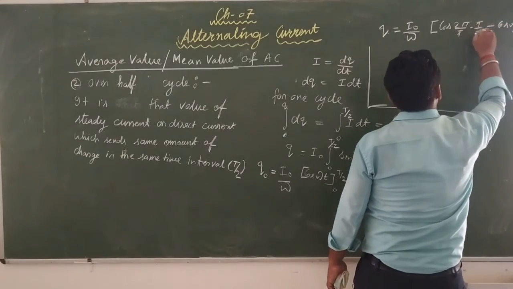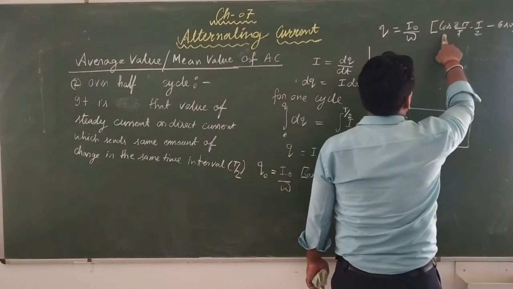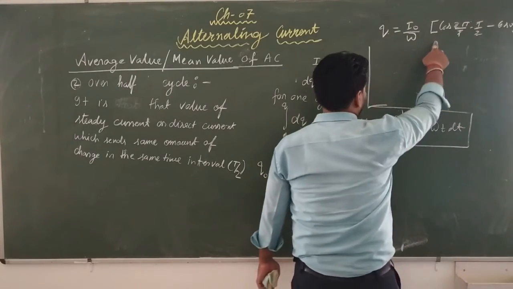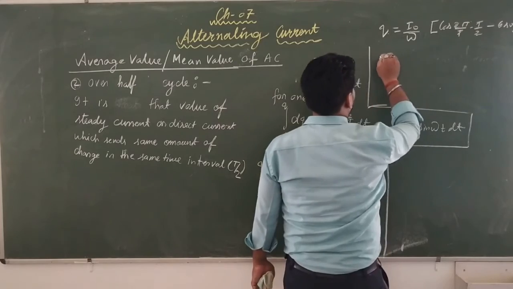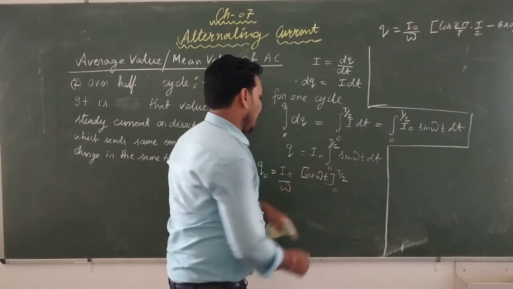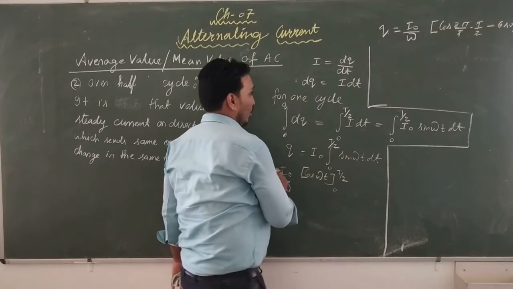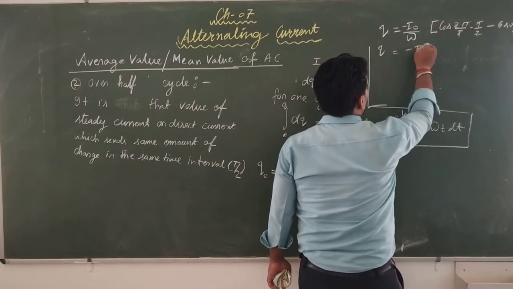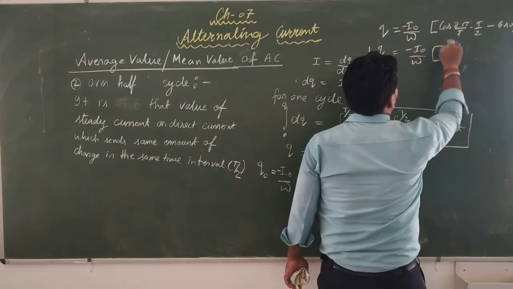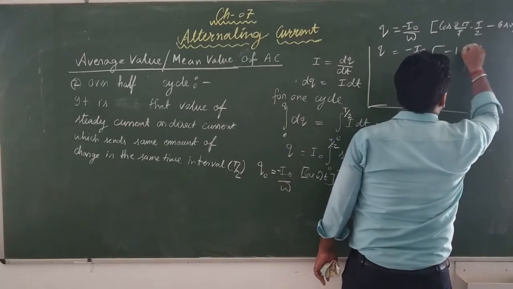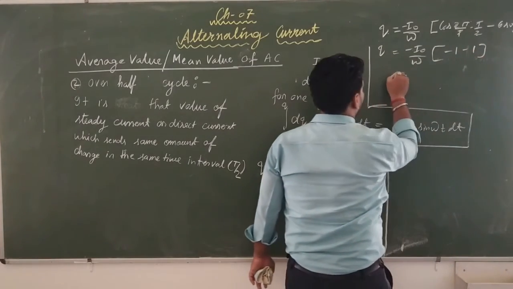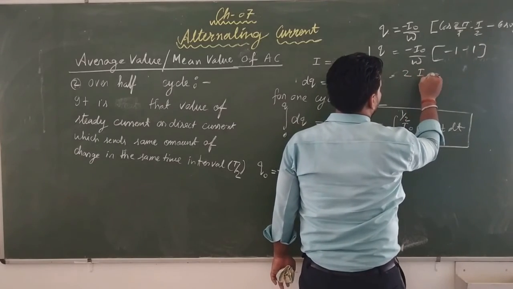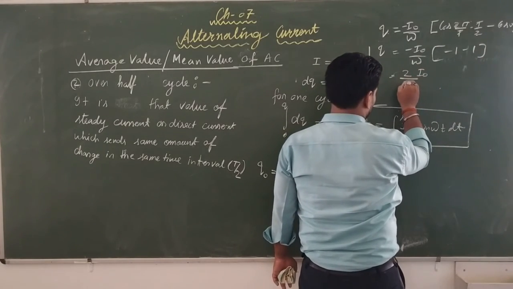Here the T and T cancel, 2 and 2 cancel, and it will become cos pi, which is 180 degrees, and cos 180 degrees is minus 1. One more thing: the integration of sin omega t is minus cos omega t, so here I am putting a minus sign. So here it is going to be minus I naught by omega, cos pi which is minus 1, minus cos 0 which is 1, so minus 1 minus 1 becomes minus 2. And again one minus is there, so it will become 2 I naught upon omega.